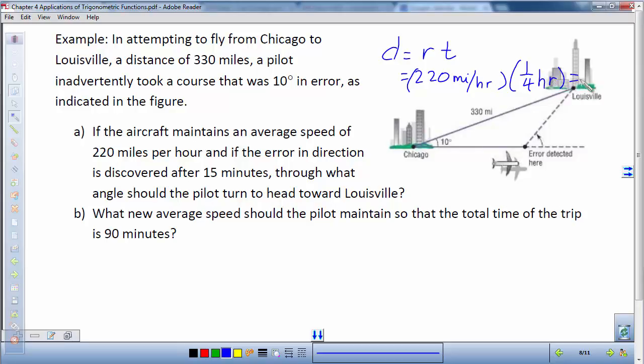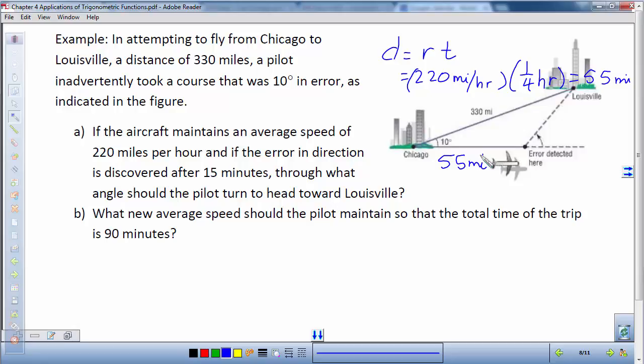So he travels 55 miles in the wrong direction. So we got that side is 55 miles. Now we've got a side, an angle, and a side. Everybody got that far?